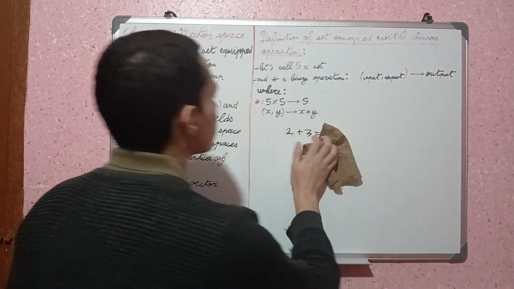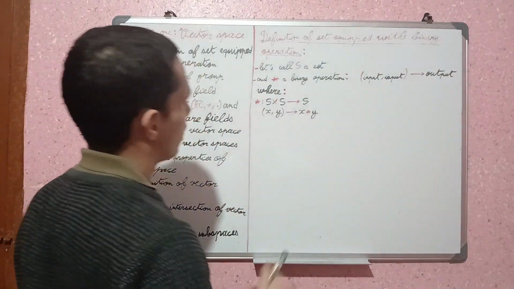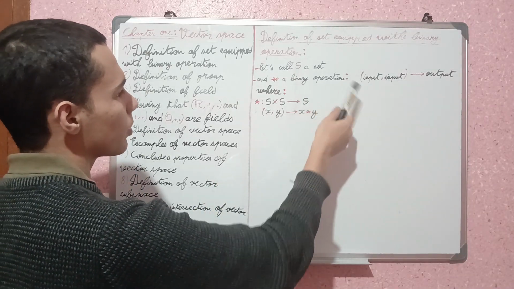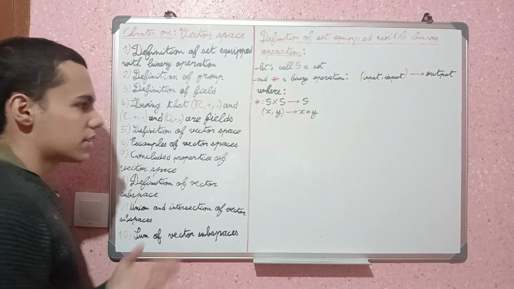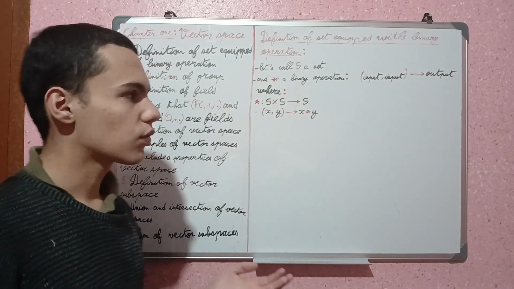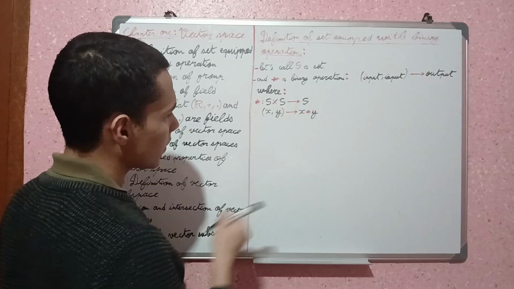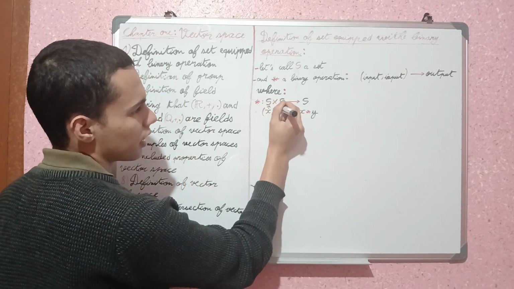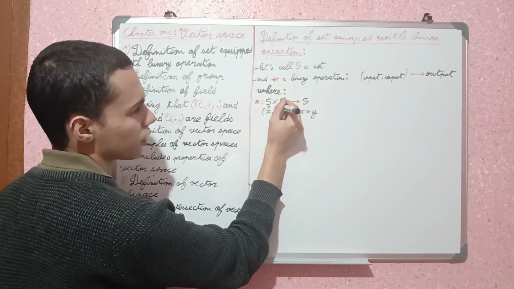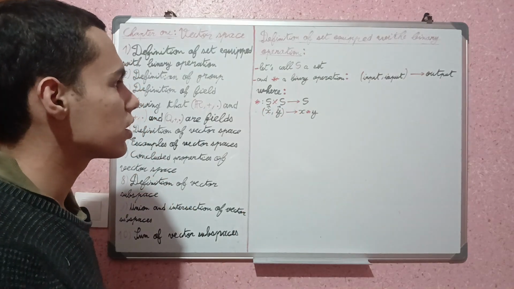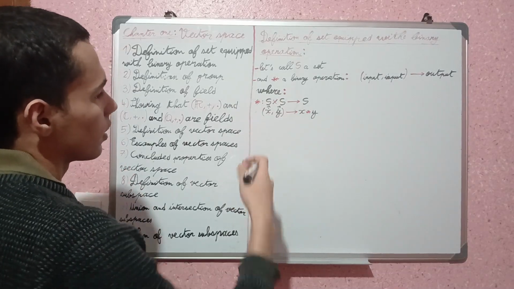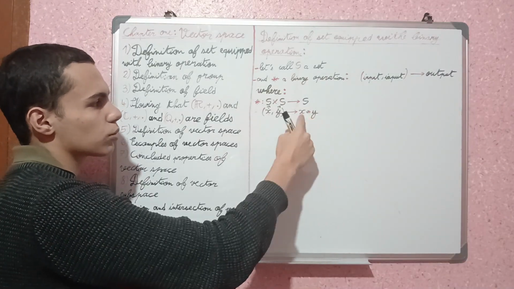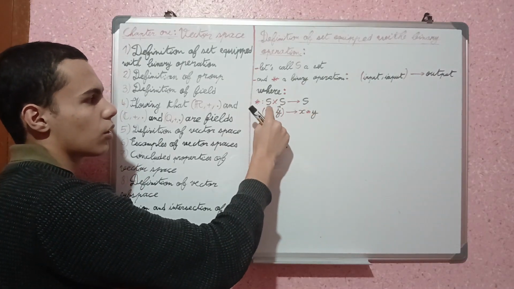So if we have a system where the binary operation is defined for taking two elements from the same set, this means an element x from S and y from S, and you apply the operation between them, and it gives you an output which is x star y.